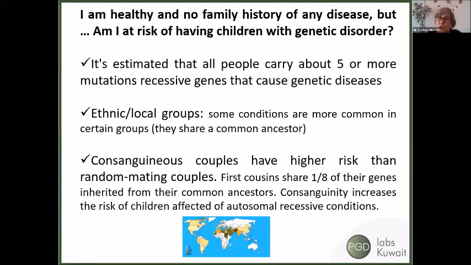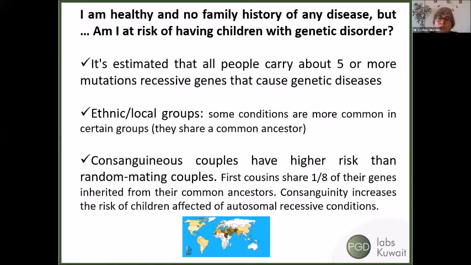Some genetic diseases are more common, we know that, in certain groups of people. People sharing the same ethnic background, or local groups, for example people living in isolated regions, or people living on a small island, who not only share a common ancestor but also where there is a lot of inbreeding. They are marrying people who live nearby, even if they are not family related.